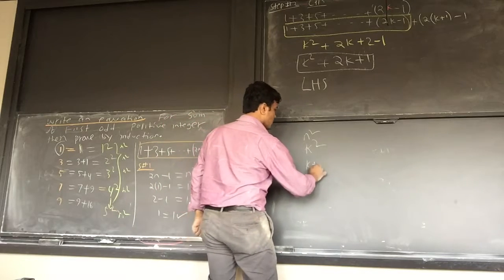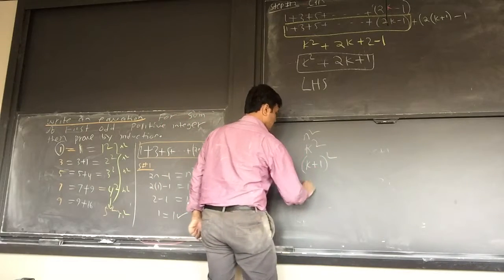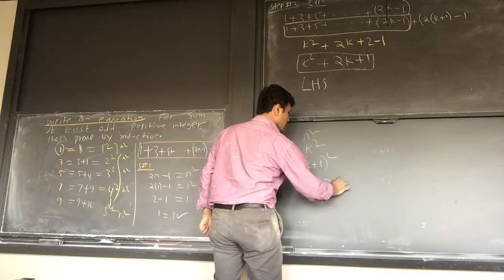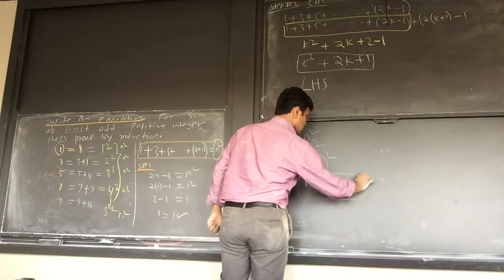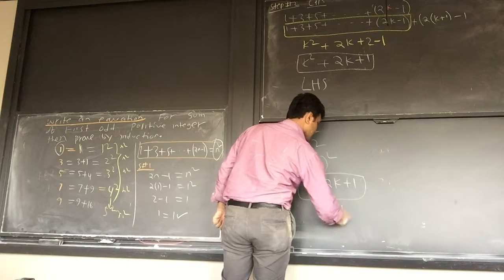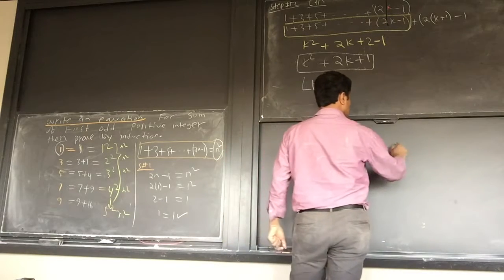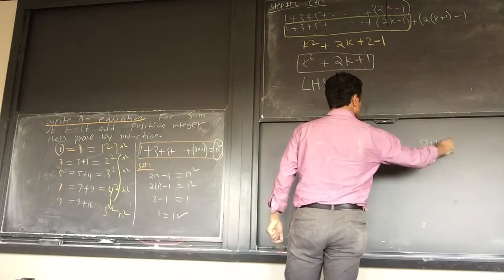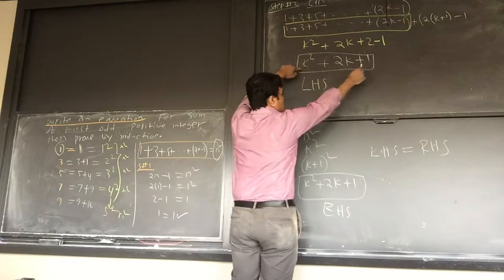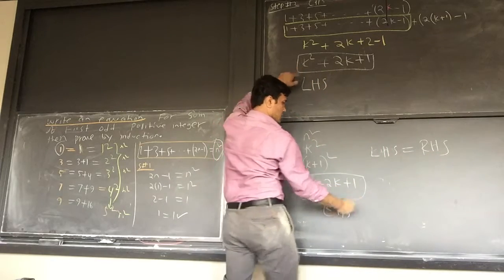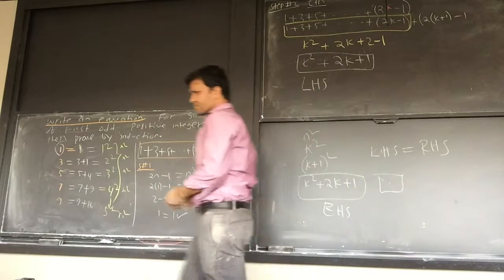So k plus 1 squared. So k squared plus 2k plus 1. So this is our right hand side. So left hand side is equal to right hand side. As we see, k squared plus 2k plus 1 and k squared plus 2k plus 1. So proof by induction.